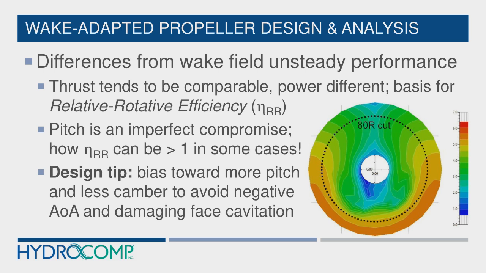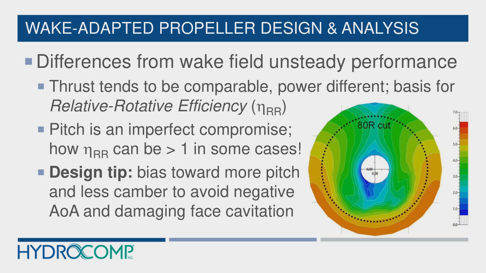Now, an interesting characteristic is that a mean steady state thrust prediction and a true unsteady thrust calculation in a wake field tend to be very similar and quite comparable. The difference is in the torque and the power. If we think about the unsteady calculations as variations in angle of attack, like a flapping foil, we get a little bit more thrust when the angle of attack is high, and a little bit less thrust when the angle of attack is low.